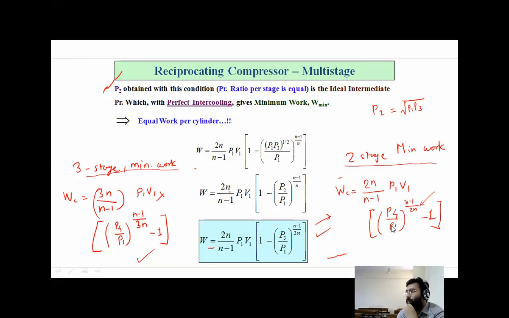And next write down minimum work required in three-stage RAC. Write down this formula: 3n divided by n minus 1 P1 V1 into, P4 by P1 raised to n minus 1 upon 3n, minus 1.